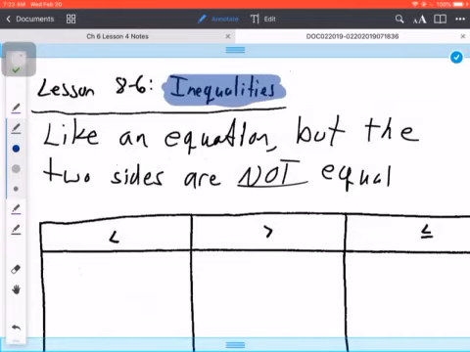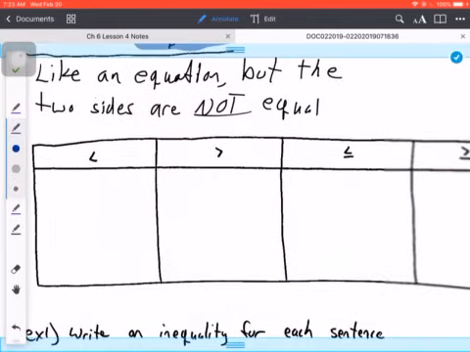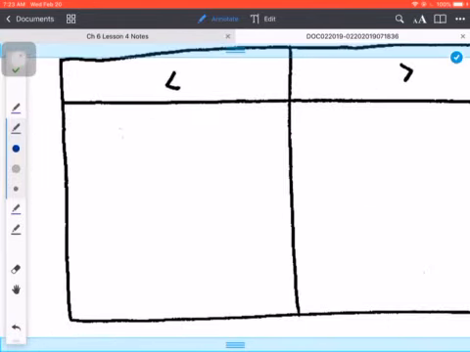So let's go through some words that we can hopefully try to recognize as we go through these examples, to help us really understand what symbol we're looking for. So this symbol right here, I'm sure most of you know this is the less than symbol.